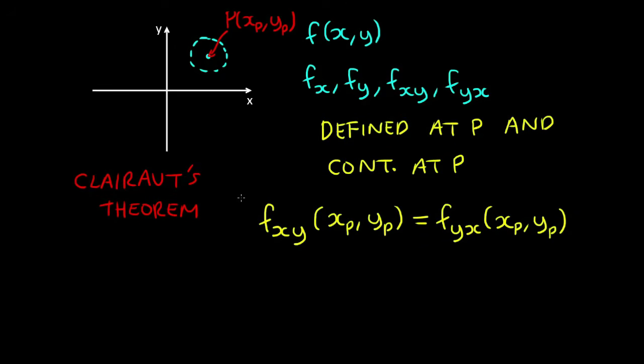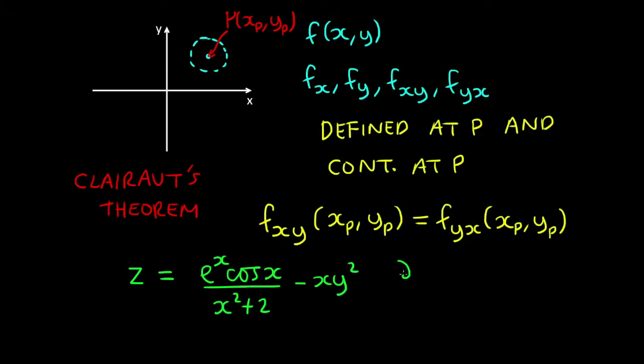So this theorem can simplify our calculations considerably. So for example, suppose we have a function equal to e to the x cosine x on x squared plus 2, minus xy squared, and we want to evaluate the second partial derivative of z with respect to x and y.